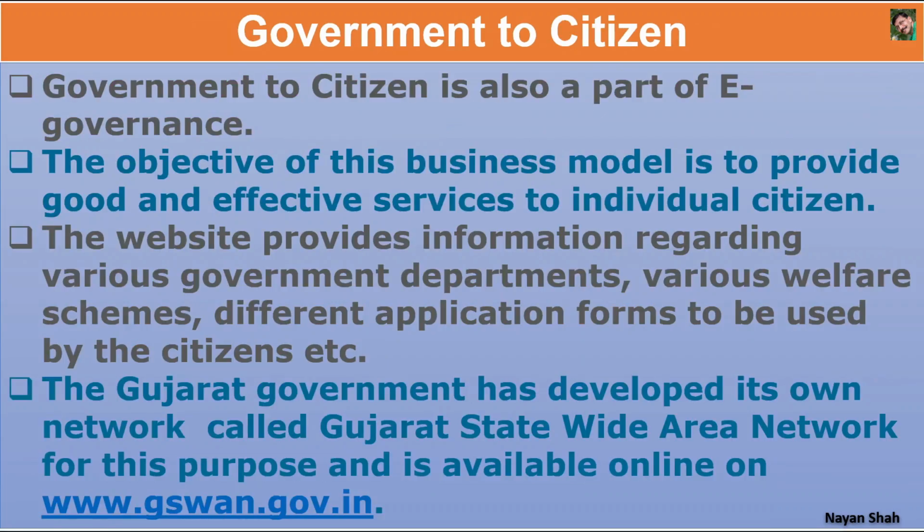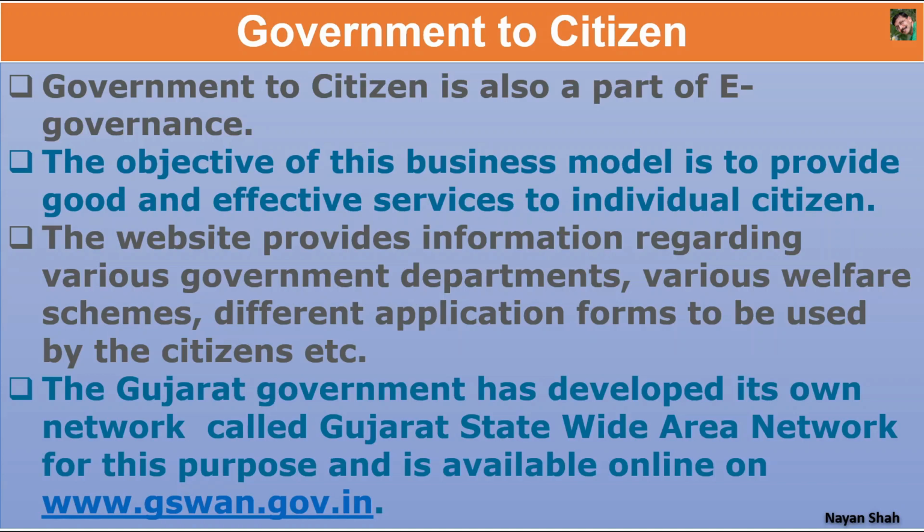Government to citizen. Here G2C doesn't mean government to consumer, because we are not consumers of the government; rather, we are citizens. So government to citizen is also a part of e-governance activity. The main objective of this model is to provide good and effective services to individual citizens.